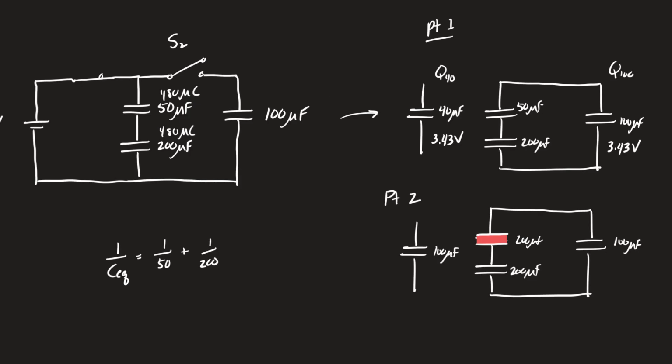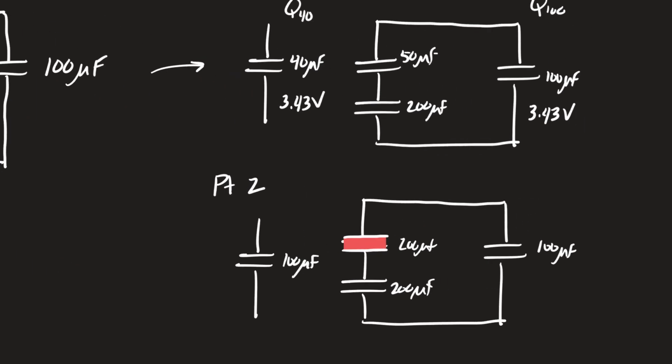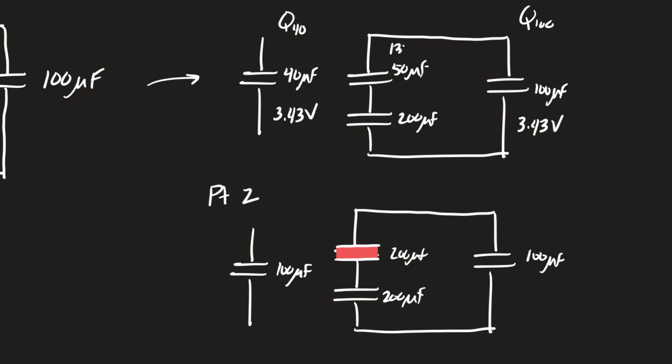I also stopped at this point. I thought it'd be appropriate to figure out the voltage on the individual capacitors because it would probably be asked. And that required figuring out what the charge is on the individual capacitors. I found it was 137 microcoulombs on each of these. The other side had, I wrote it down, 343 microcoulombs on this side.